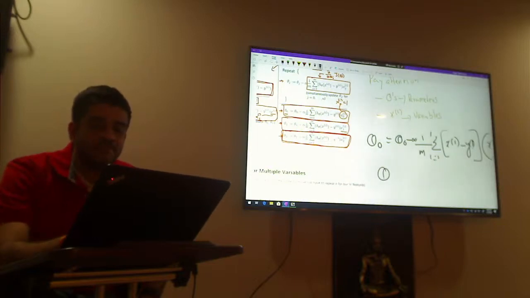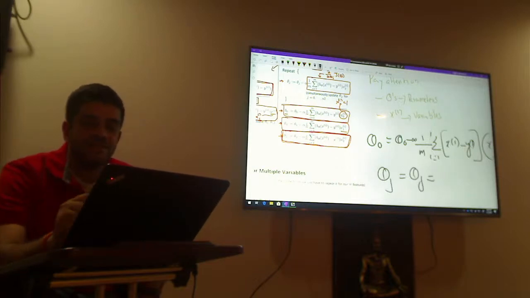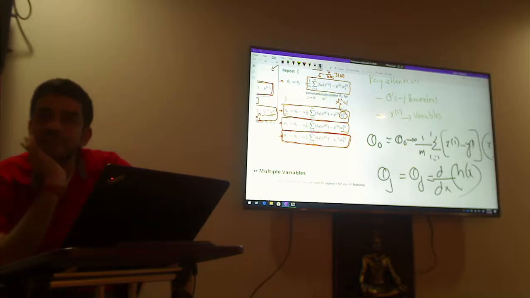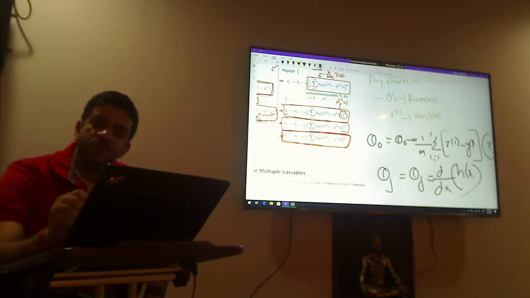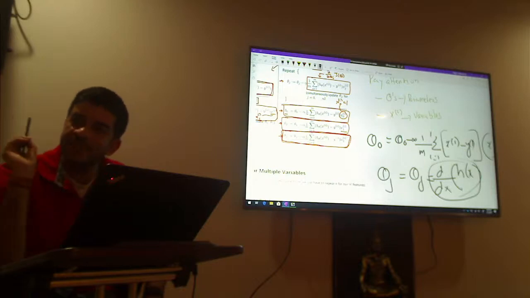Theta J equals theta J minus the partial derivative of this was the formula, if you remember. So what did we do? We substituted this value with the actual value later.